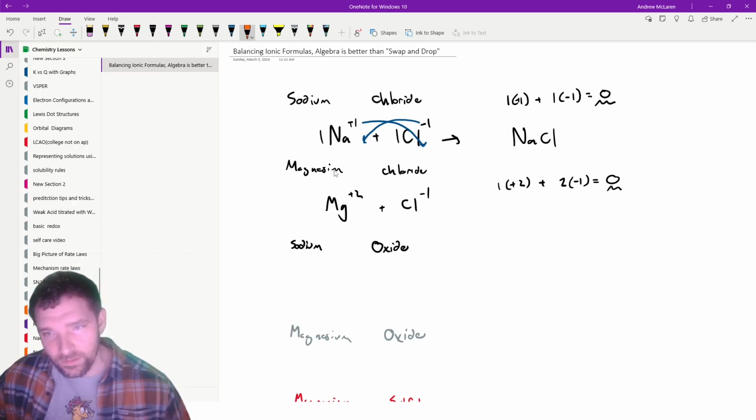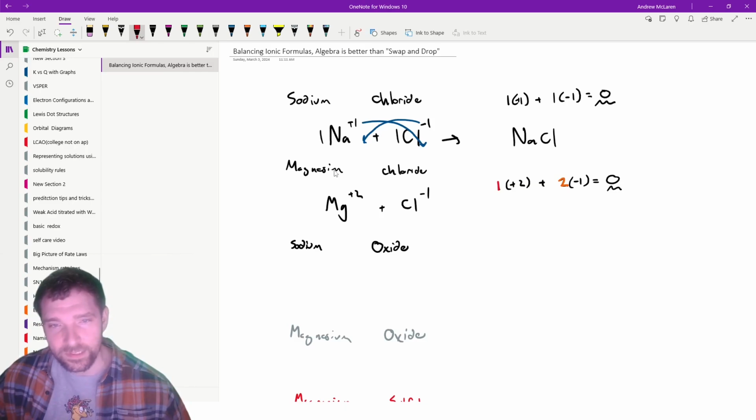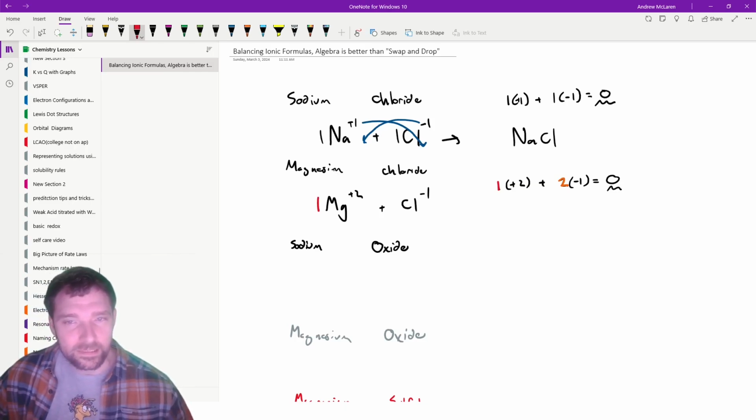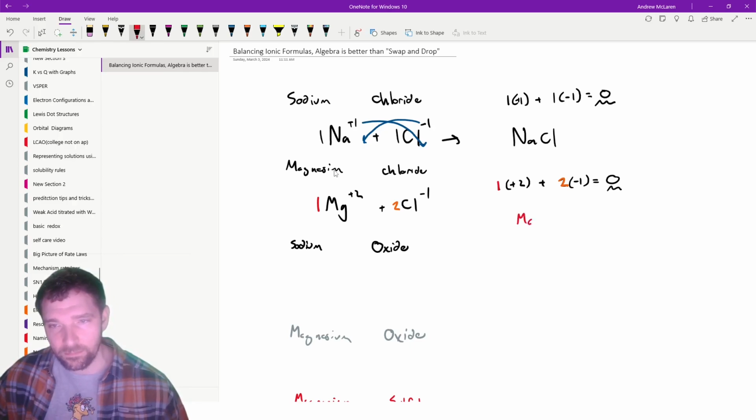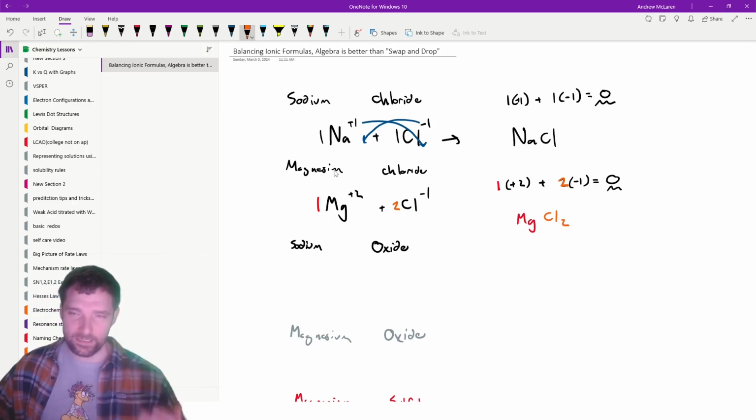Just to do a little color coding to help you follow along, there's now one of these and 2 of these with their corresponding charges. Now we've got 1 magnesium and 2 chlorines, and that's balanced out, so it is neutrally charged.